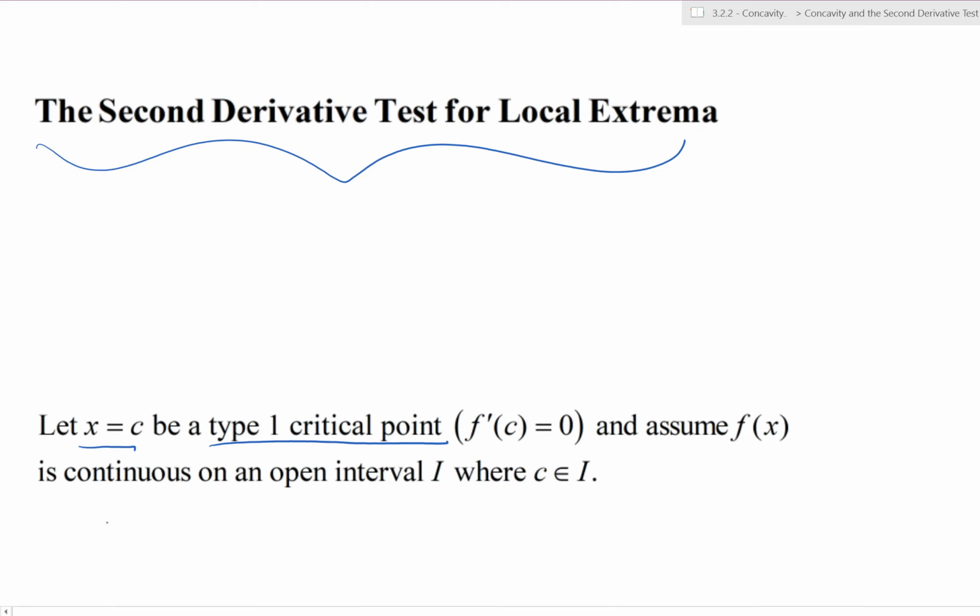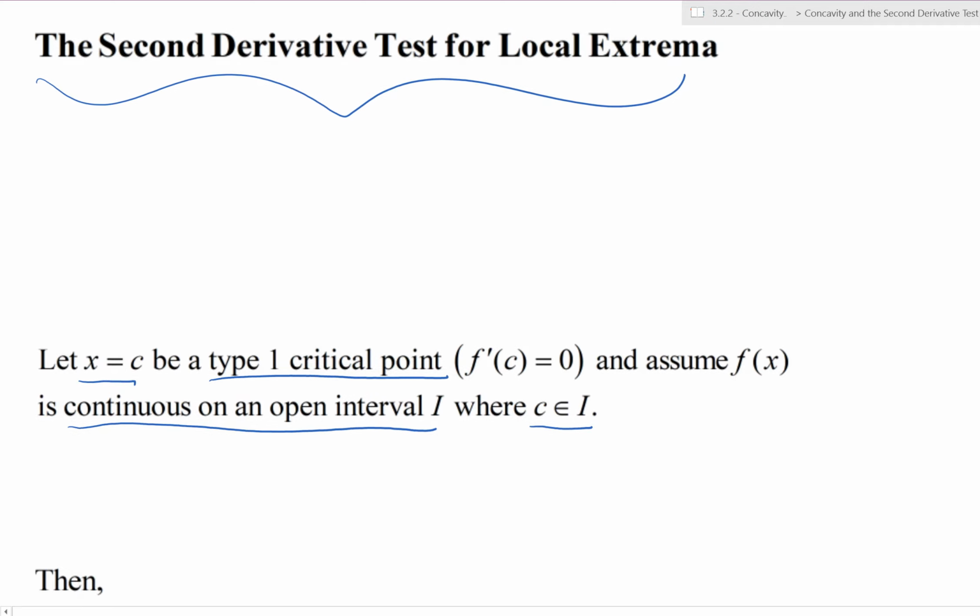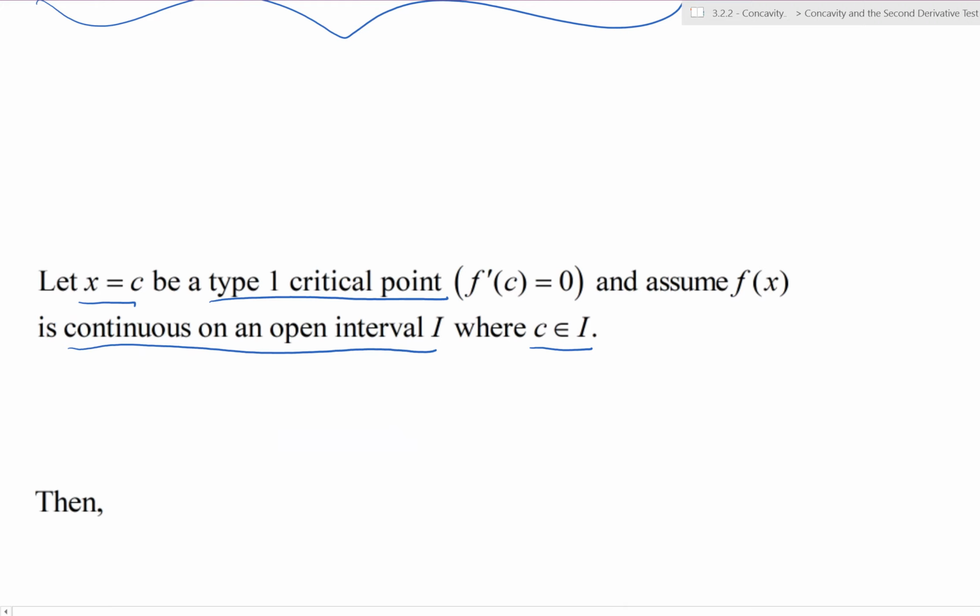We're also going to assume the function is continuous on some open interval containing the point c. So all we're saying is we have a type 1 critical point. The function is nice and smooth at this location, its slope is 0, and nearby we're also continuous.